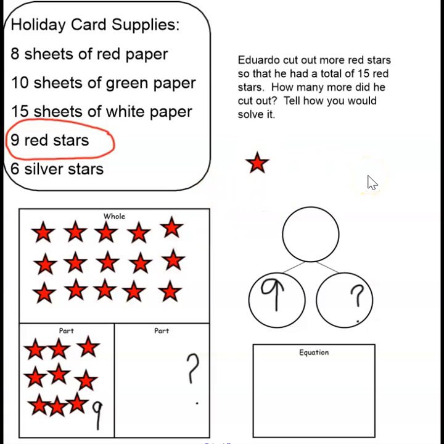So we know he had a total of 15 red stars. So how are we going to solve this? We know he had 9, and he added some more to get 15.